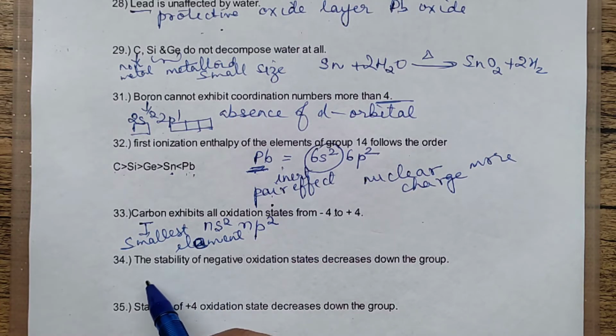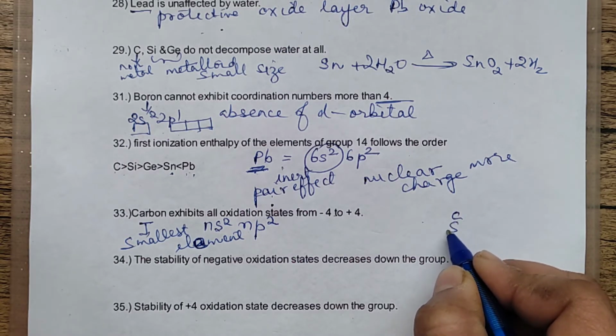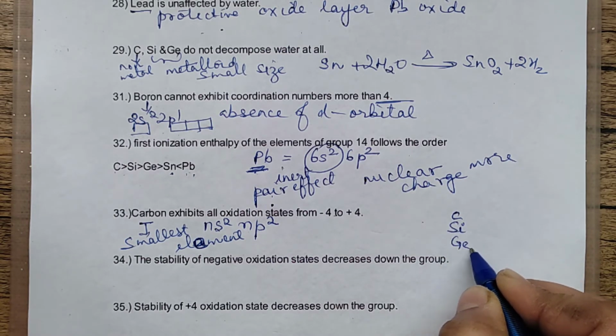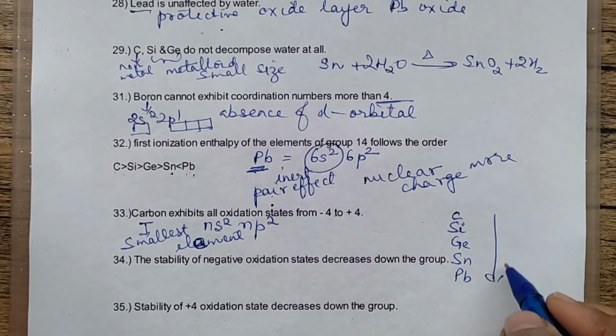Right, but when you compare, the next question is in continuation: the stability of the negative oxidation states decreases down the group. Because if you consider the elements carbon, silicon, germanium, tin and lead, down the group the size is increasing. When size increases, the stability of the negative oxidation state will decrease.